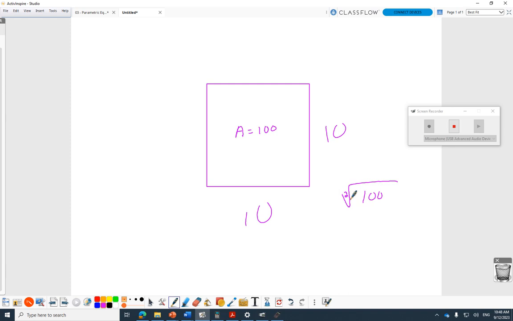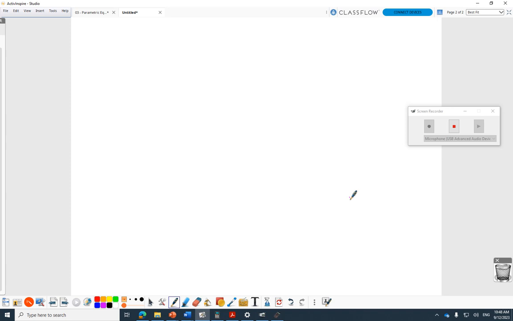Yes? There are other roots available. Let's do a different one. Volume equals 27. It's a cube. How long is each side?